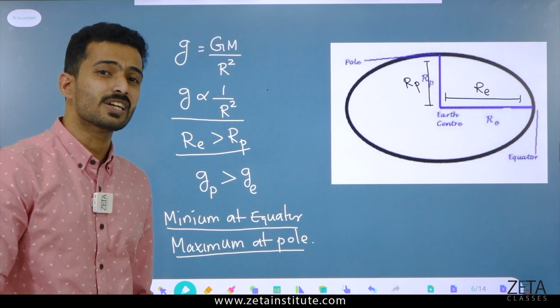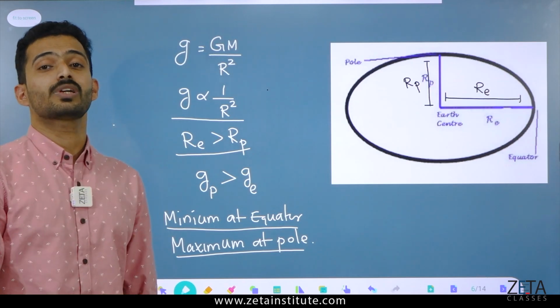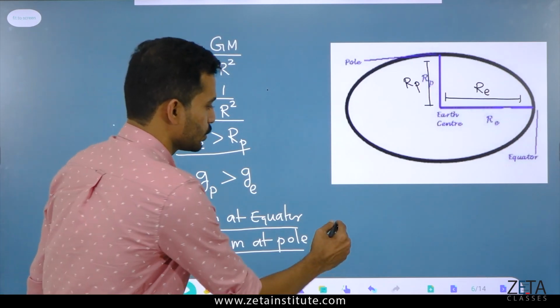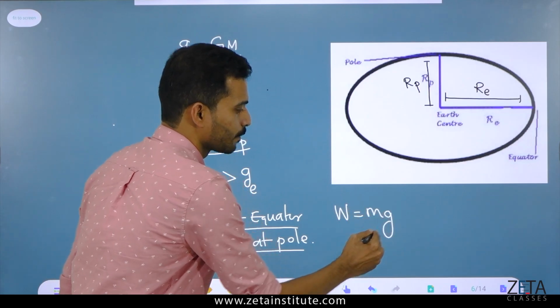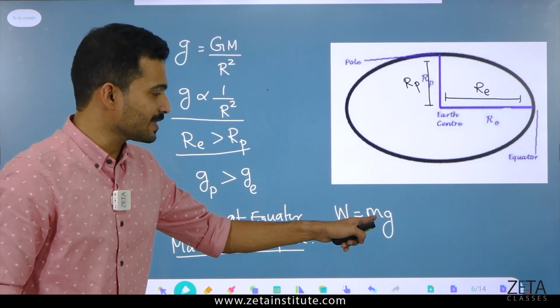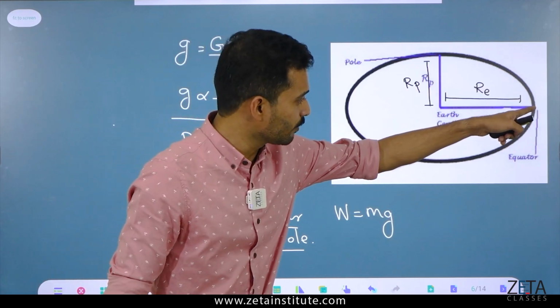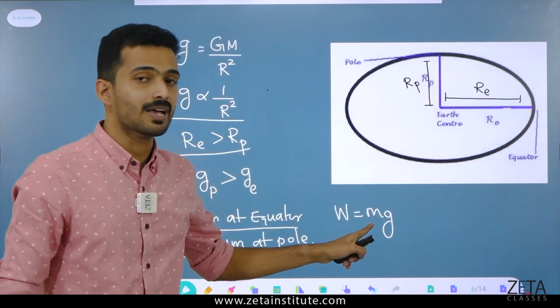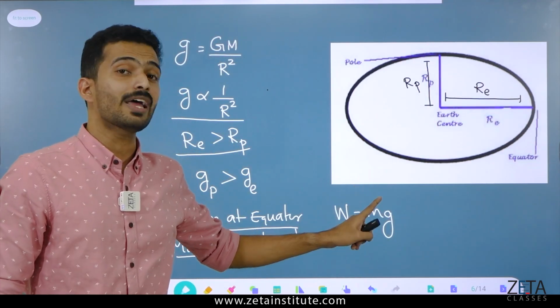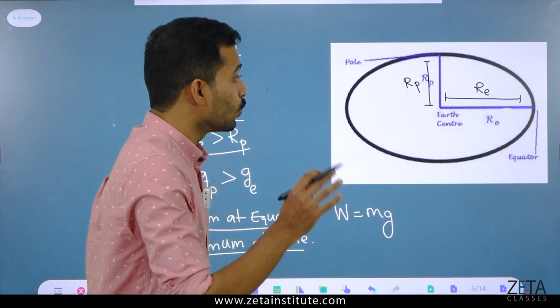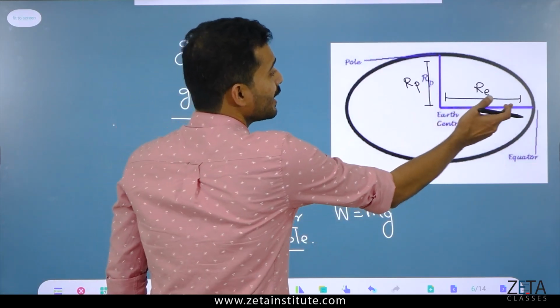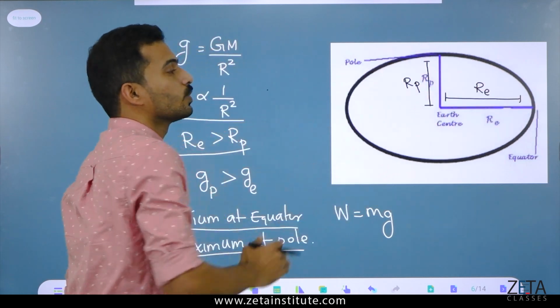So we have already studied the equation to calculate weight. Which is the equation to calculate weight? Weight is equal to mg. The mass is a constant. When an object is moving from equator to pole, the mass remains constant, but the value of acceleration due to gravity increases. It means that the weight of an object increases when we move from equator to pole.